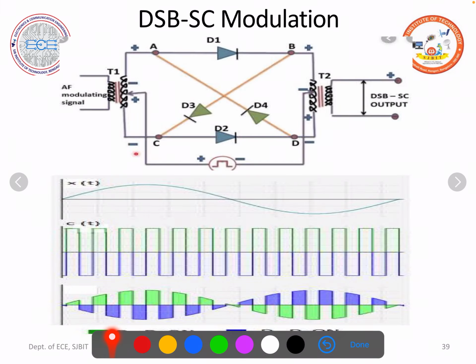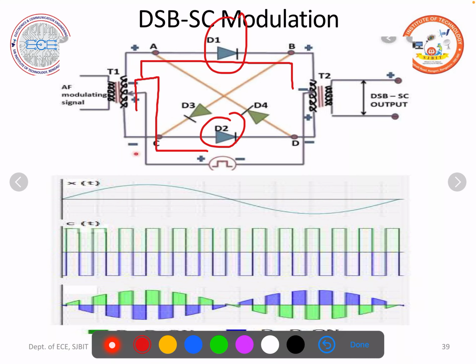D1, D2 forward biased means the current starts from here, goes over here, comes here, this way and this way, both. So at the center tap of the transformer, it is getting split to both sides.